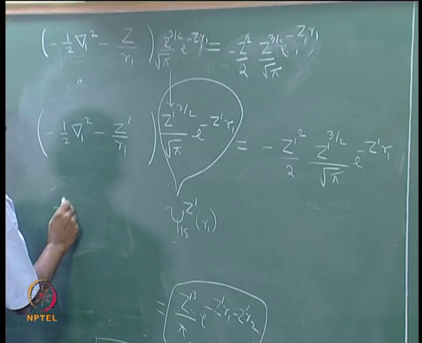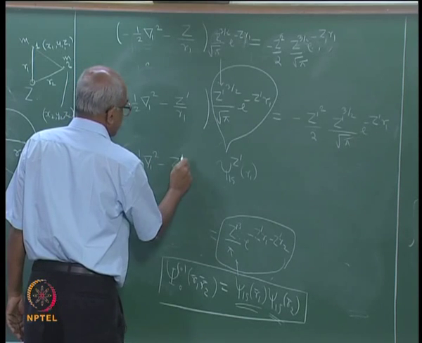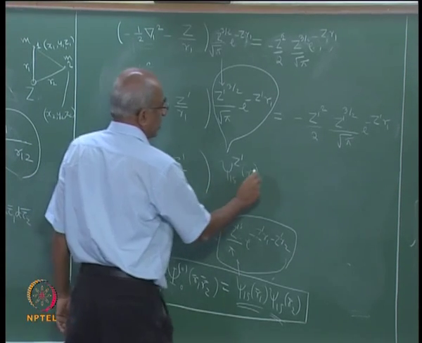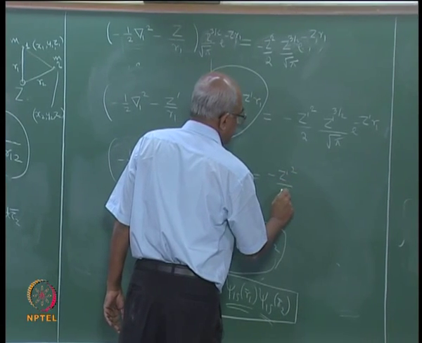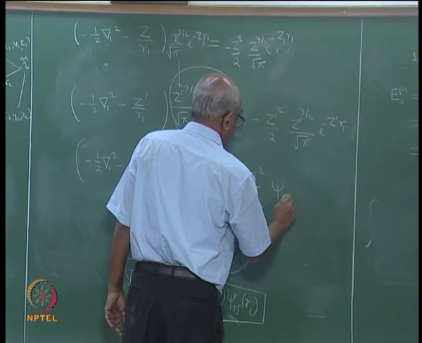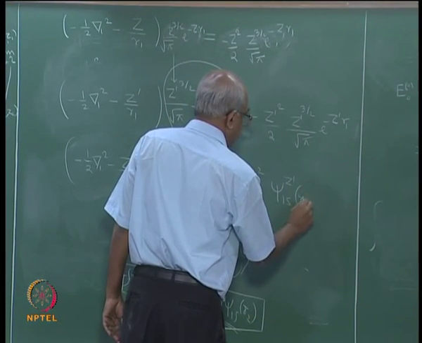And what happens is that minus half del 1 square minus Z prime divided by R1 operating upon this will give me minus Z prime square divided by 2 into psi 1s Z prime R1.